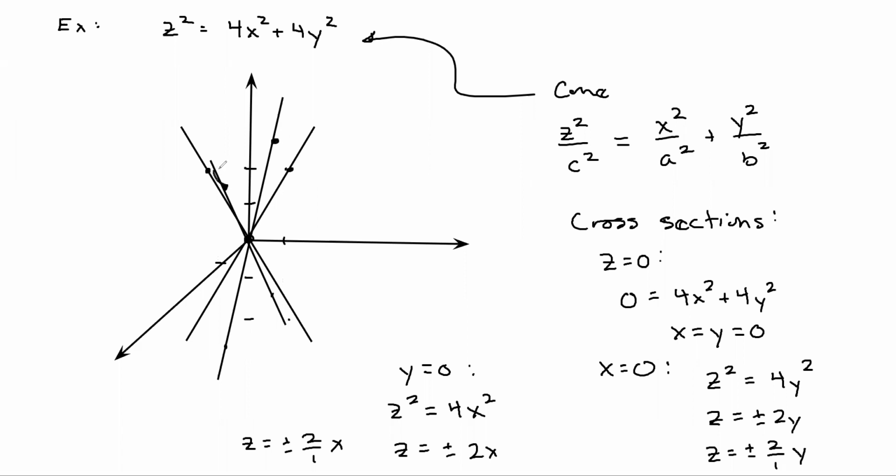I could just connect those points with a smooth curve. And you could do the same thing down below. Well, that's not the greatest circle, but you get the idea. That gives us a picture that does look like a cone. And so that's our sketch for the cone.